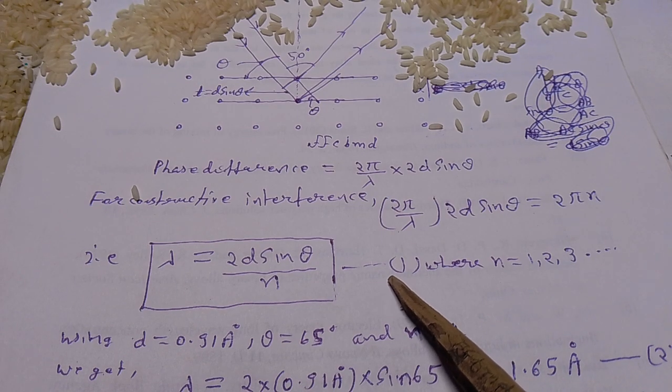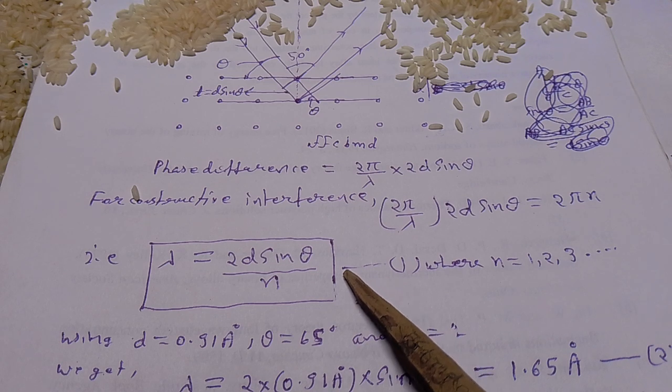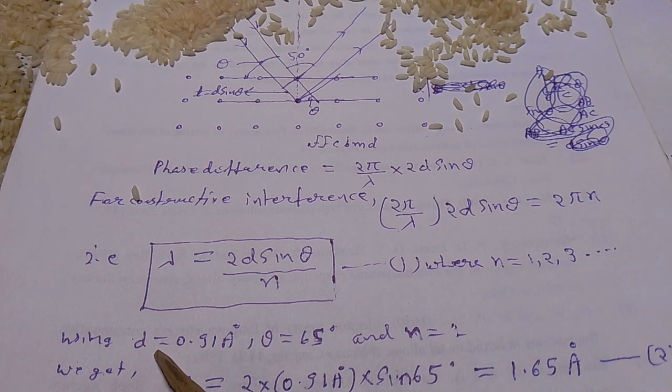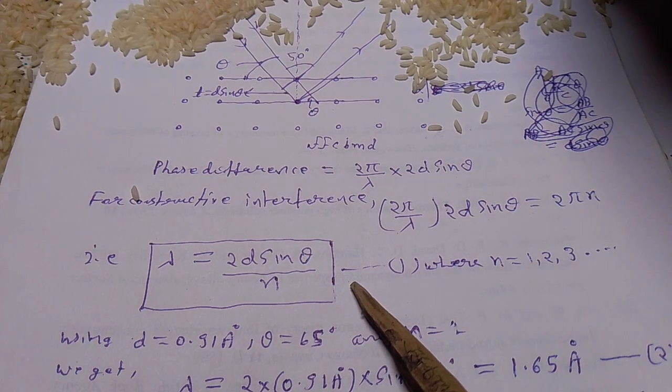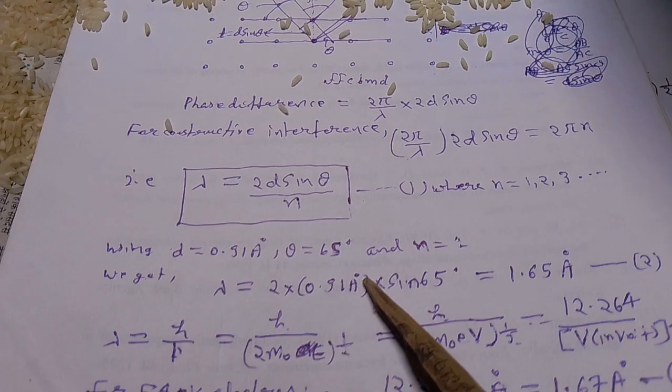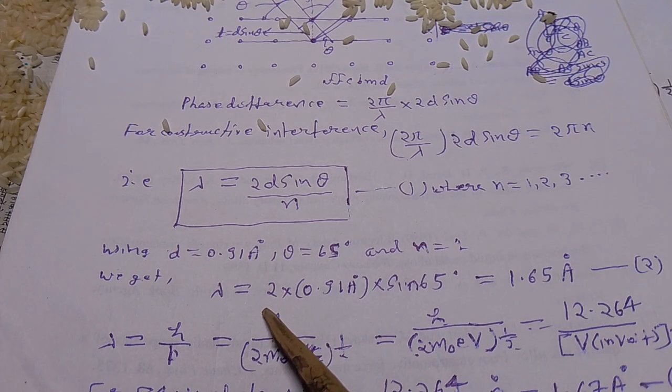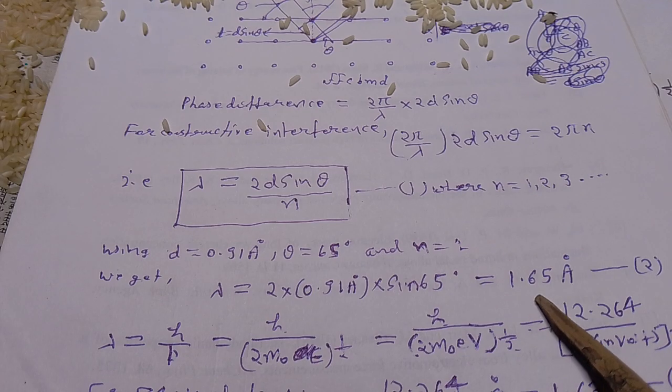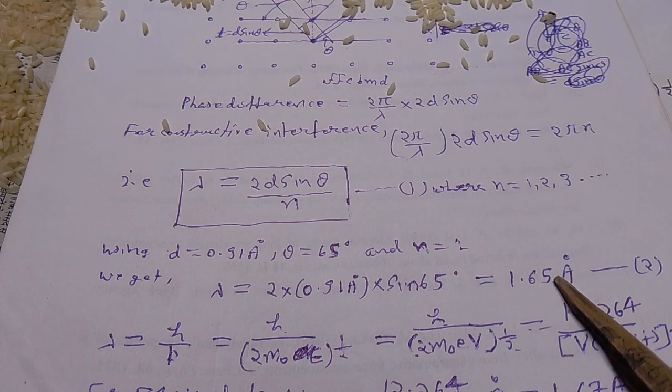Now using the above discussed experimental values, that is d equals 0.91 angstrom spacing, theta equal to 65 degrees and n equals 1, we get the value of lambda, which comes out to be 1.65 angstrom.